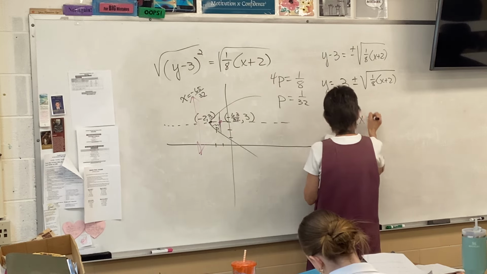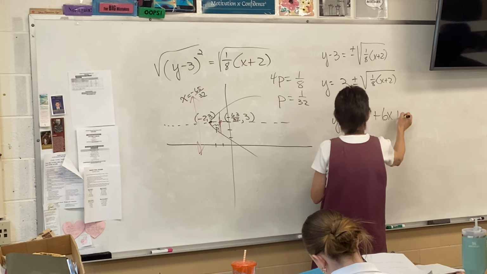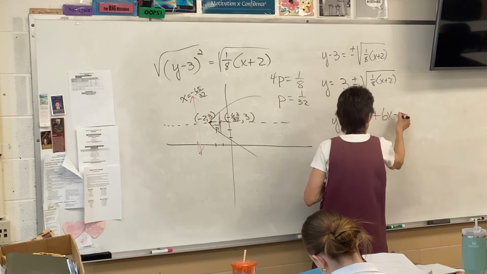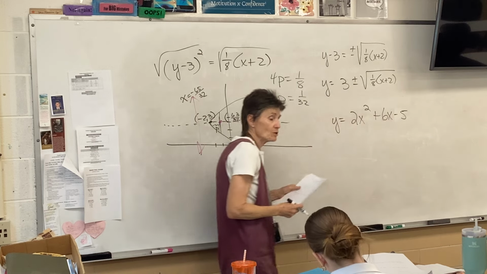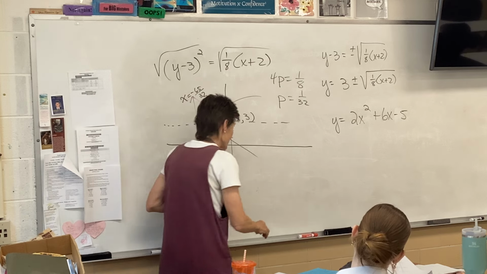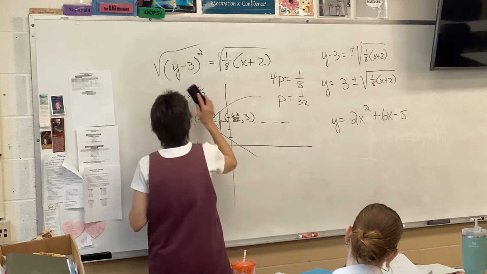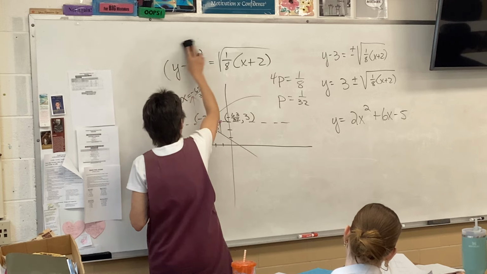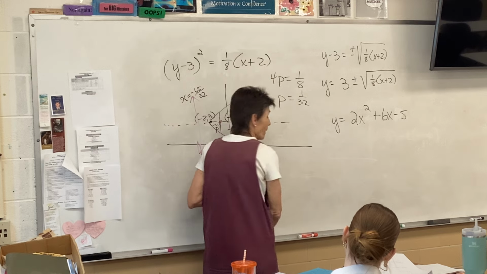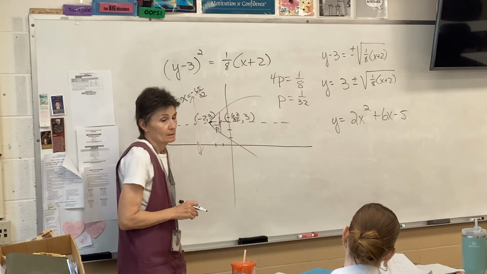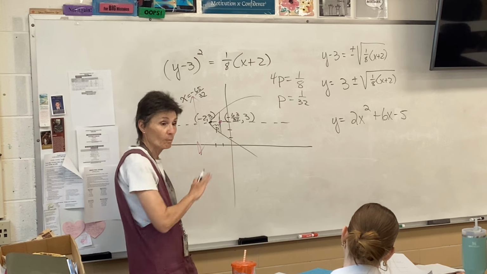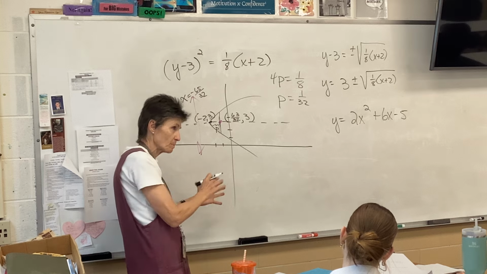Is this a parabola? Yes. The equation of a parabola has x's and y's in it. How many of them are squared? Are they both squared? In a parabola, only one is squared. In all the other conic sections, circle, ellipse, hyperbola, they'll both be squared and have different relationships to each other.